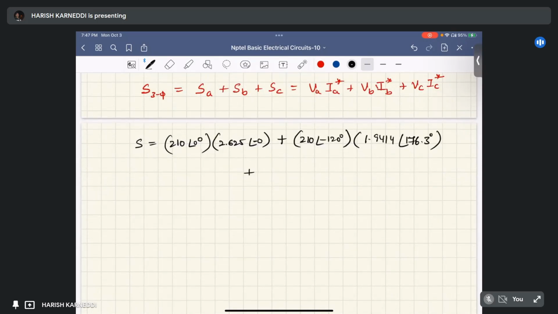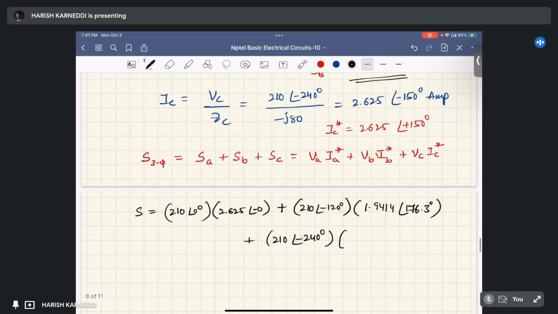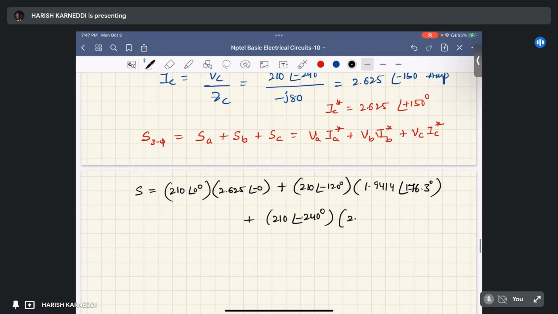And VC equals 210 at an angle of minus 240 degrees into IC conjugate, which equals 2.625 at an angle of plus 150 degrees.